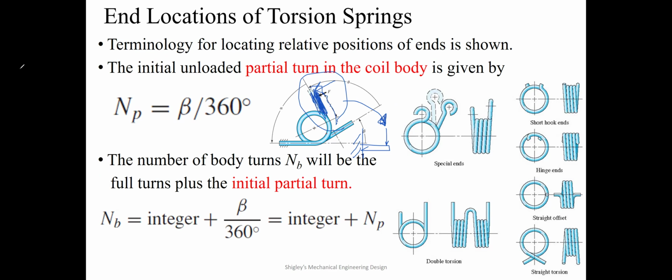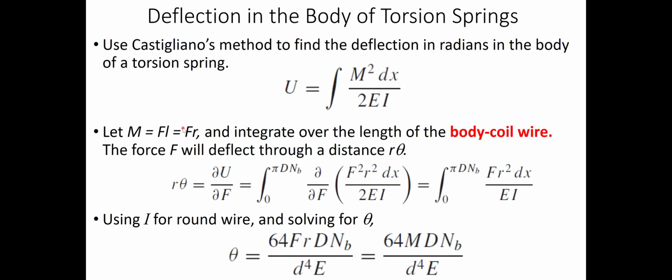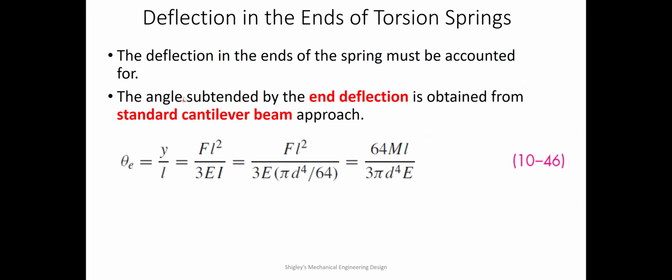Okay, so let's go back to what we get. The angle subtended by the end deflection is obtained from the standard cantilever beam. Therefore, theta E, the end theta, equals the deflection y over L, the length, right? So we can check the table or any handbook.